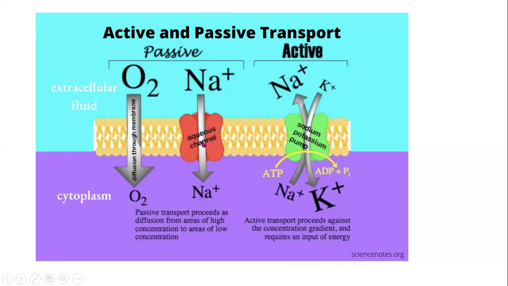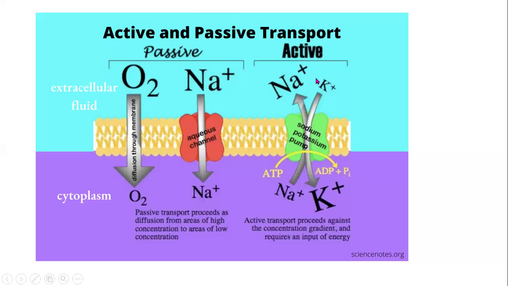This is an aqueous channel. Now sodium can just enter by passive transport. It proceeds as diffusion from areas of what? High concentration, where I have them in high abundance here, into the area of low concentration here. So you should expect it to enter freely without use of any energy.